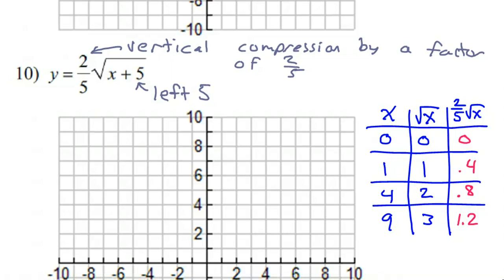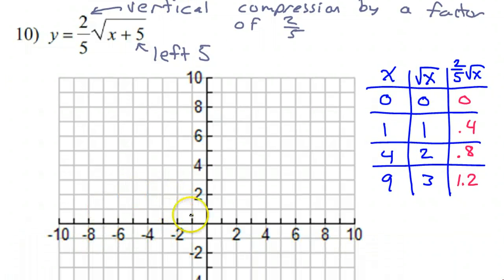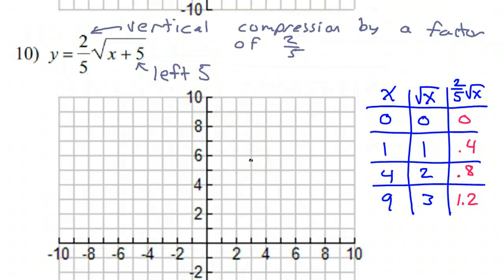When I do the graph right now, I'm only going to graph the skeleton because I'm not doing the shift of left 5 yet. So we'll start off at 0, 0, and 1, 0.4. It's a little less than half.